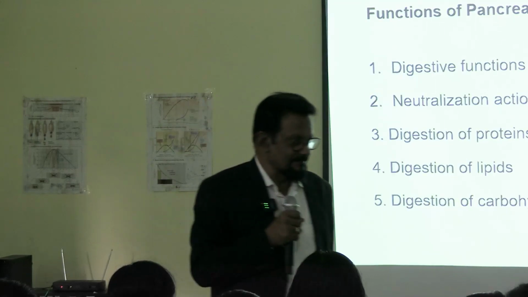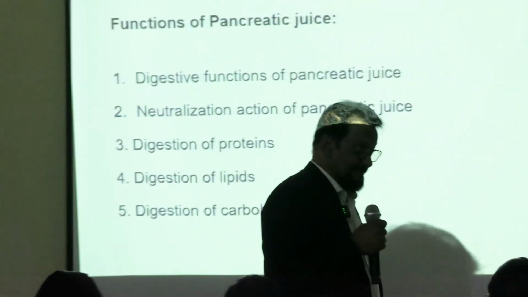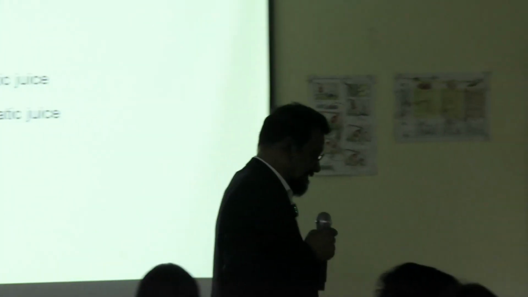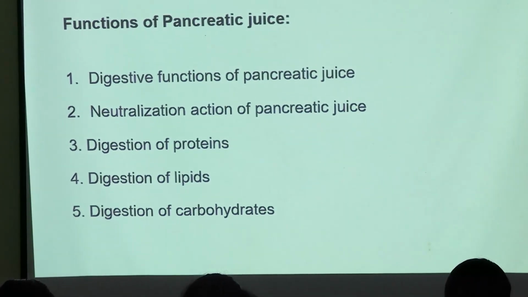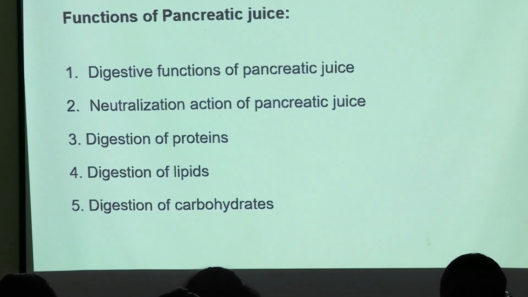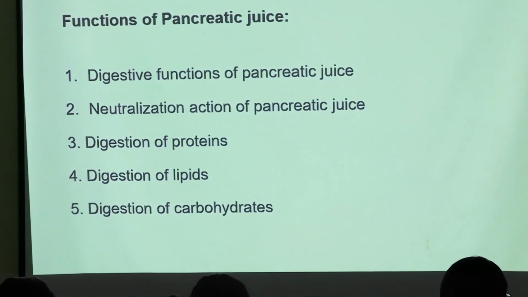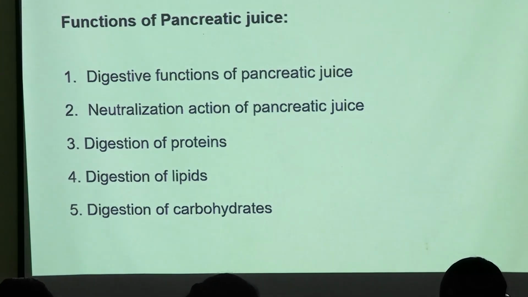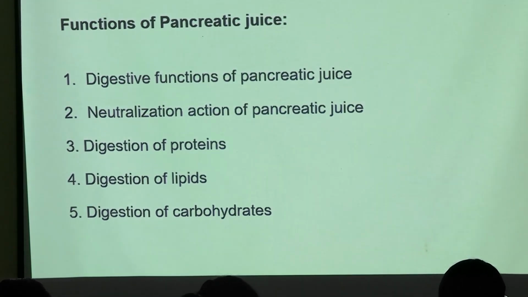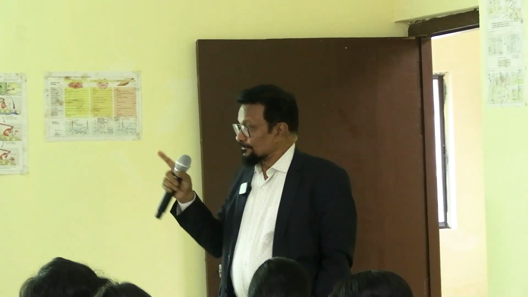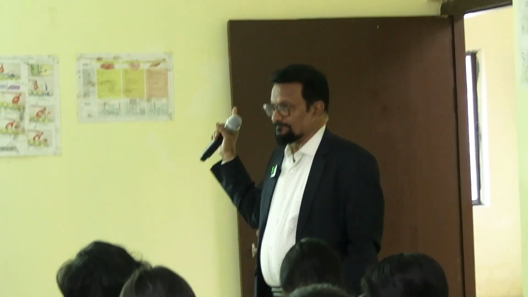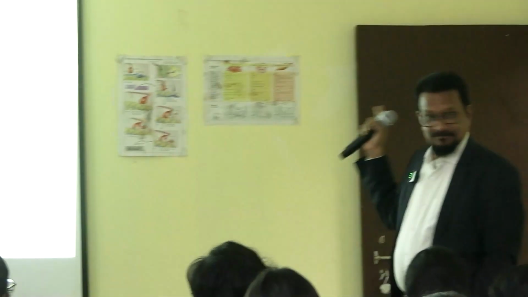Say palmitic acid is one of the fatty acids. Palmitic acid is having 16 carbon. Carbon 1, 2, 3, 4, 5, 6, 7, 8, 9, 10, 11, 12, up to 16. The last carbon is having one carboxylic group. So this is the first carbon from that side.